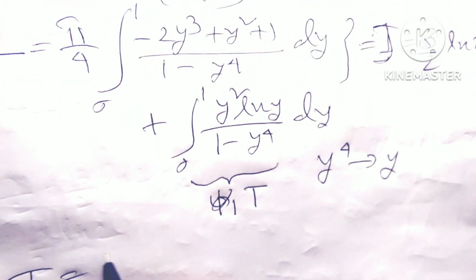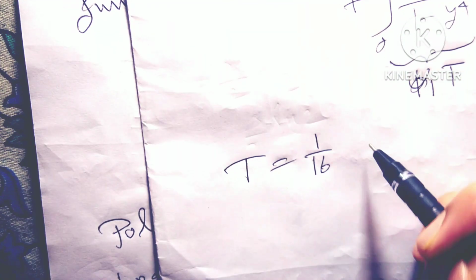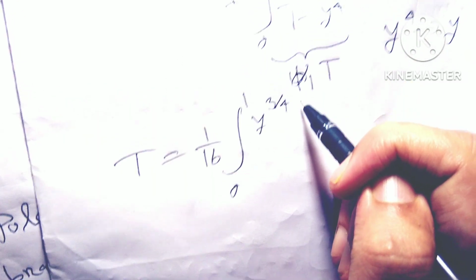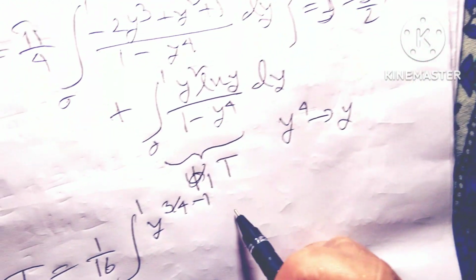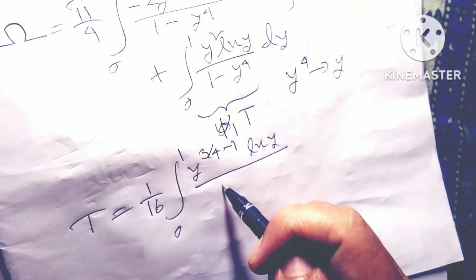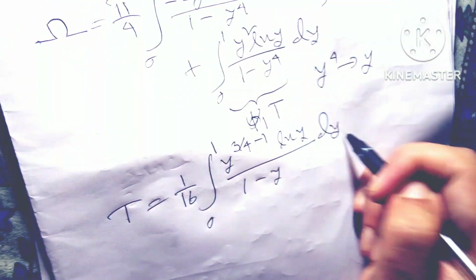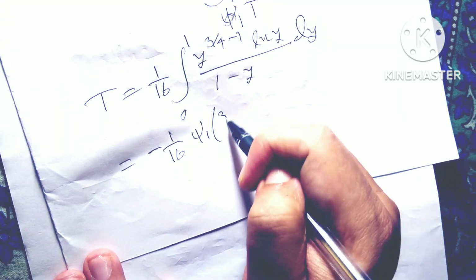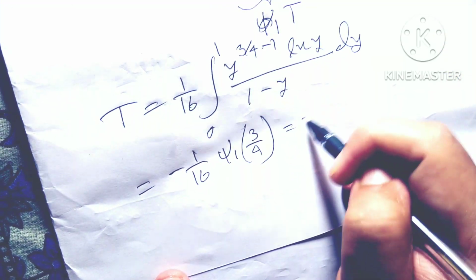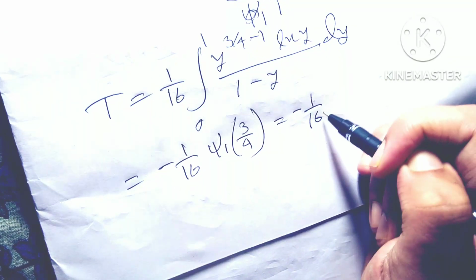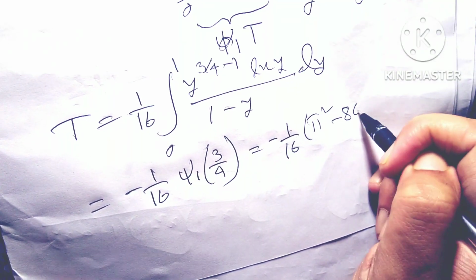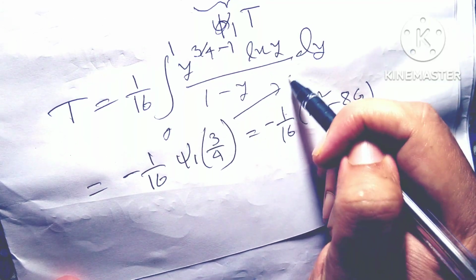So whatever I get, this T value equals 1 by 16 times the integral 0 to 1 of y to the power 3 by 4 minus 1, ln y divided by 1 minus y dy, equals minus 1 by 16 trigamma 3 by 4, and after that this value is minus 1 by 16 (pi square minus 8G). This is a special function.